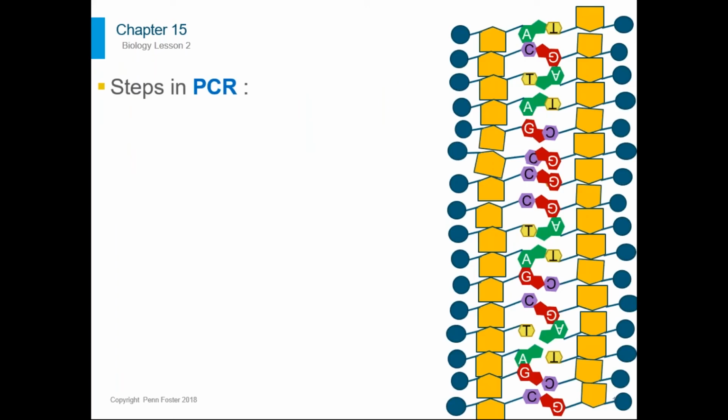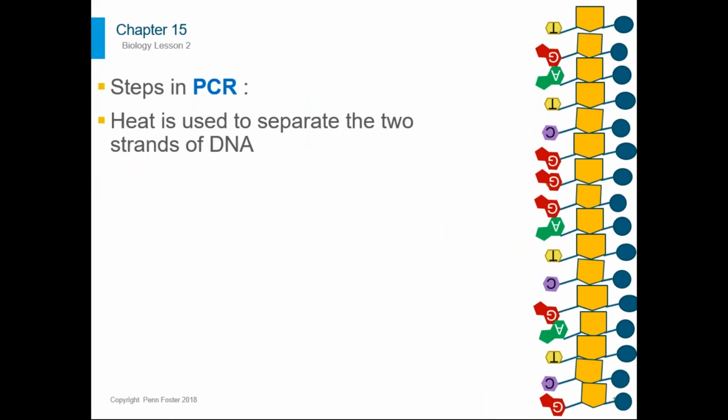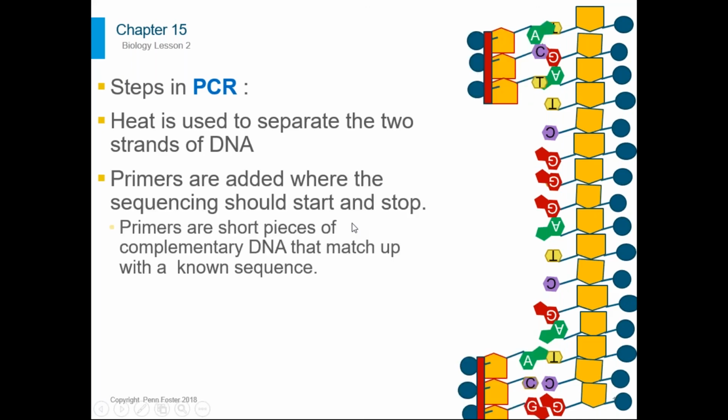So we start out with some DNA. Heat is used to separate the two strands of DNA apart from each other. So now we have this naked one half of DNA that's just waiting for other things to come over and pair with it. And we start with primers. Primers are chunks of DNA that mark the places where the sequencing should stop and start.